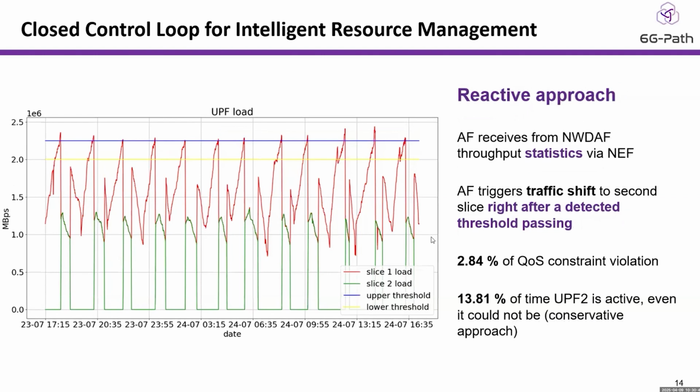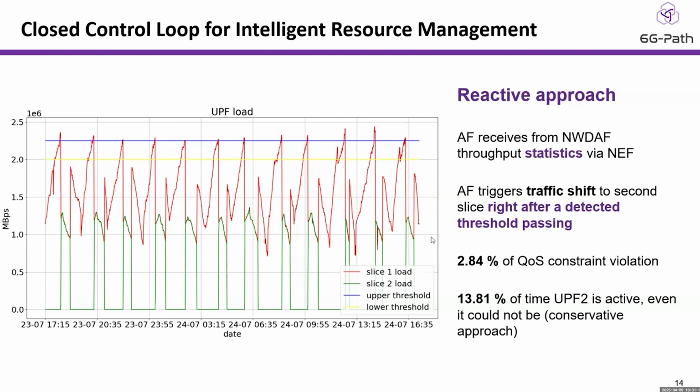It's the next slide, in which we react instead of proact, right? So in this case, we don't need intelligence. We just monitor statistics about the traffic. And as soon as the application function detects that the quality of service constraint is violated, so traffic goes beyond the fixed threshold in terms of load, then the second UPF is turned on.